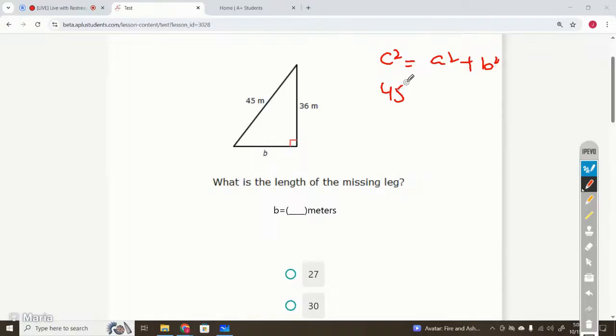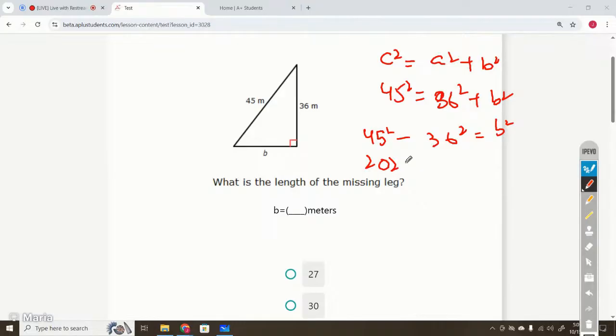So c is 45, 45 square equals 36 square plus b square. So b square equals 45 square minus 36 square. So we need to evaluate 45 square. 45 square is 2025 minus 36 square is 1296.